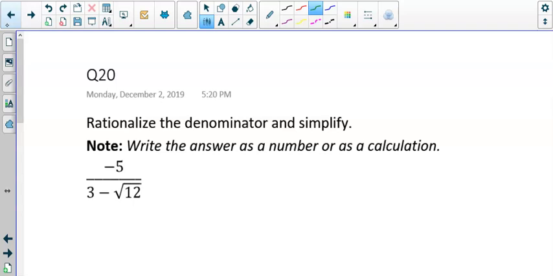Do you remember how we rationalize when we have addition and subtraction in the denominator? What do we have to use? The opposite sign. Conjugates. You have to use conjugates. What is the conjugate of 3 minus the square root of 12?